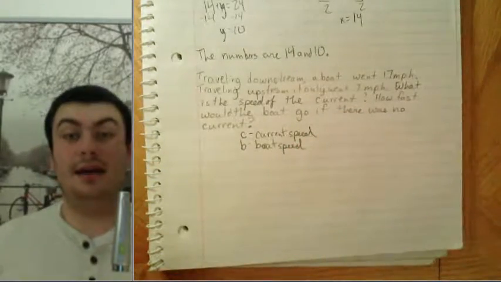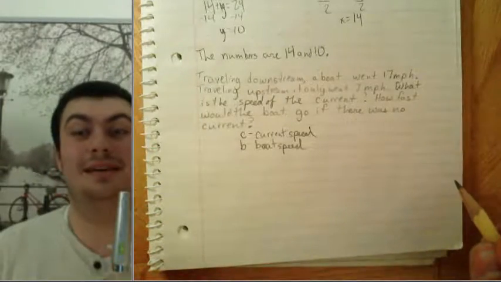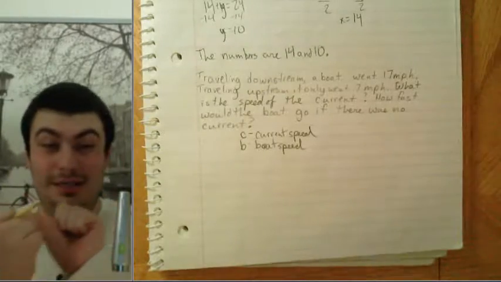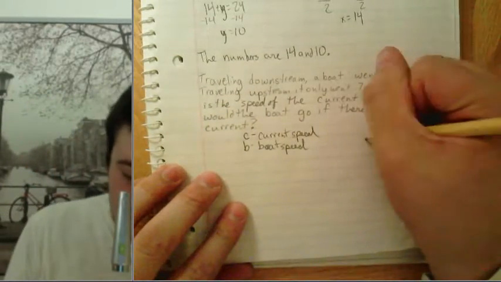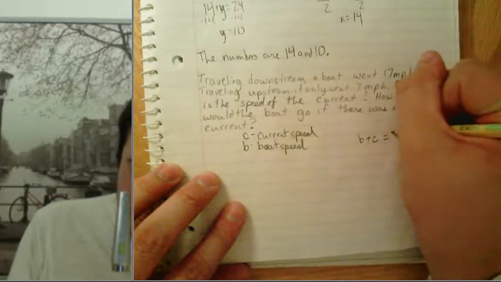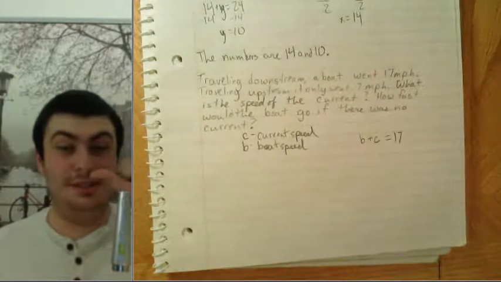Now, traveling downstream, a boat went 17 miles an hour. Downstream means that the boat and the stream are going in the same direction. So the boat plus the current are going the same way, and that led to 17 miles an hour. Traveling upstream means that the boat is going against the current.